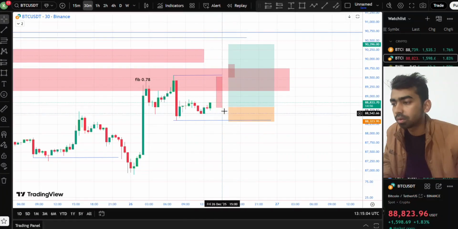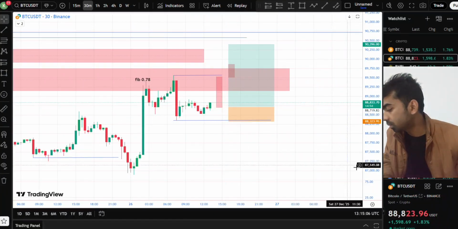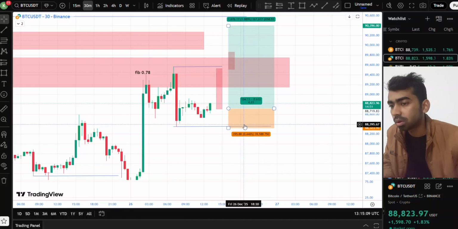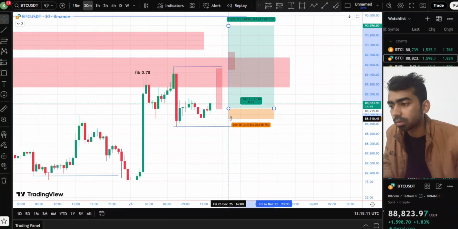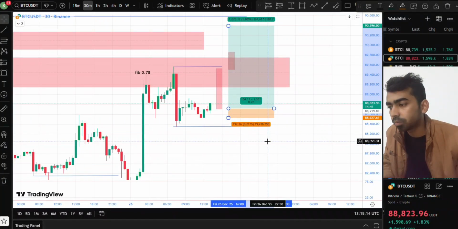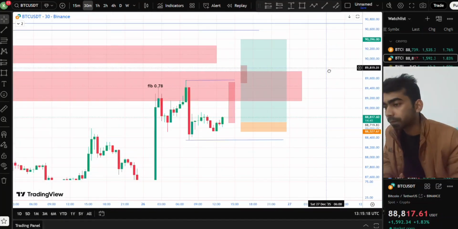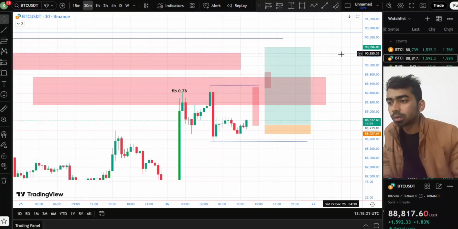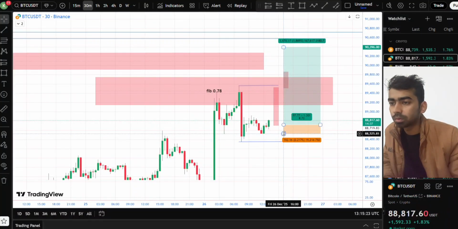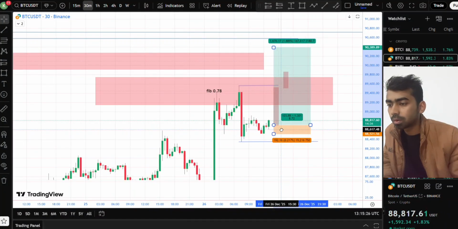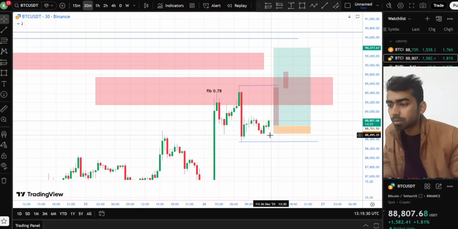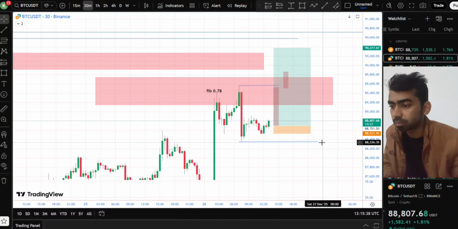Okay, look at that, it is going upside and I have made enough. I can also take profit, but I'm going to shift my SL. Okay, let's go.